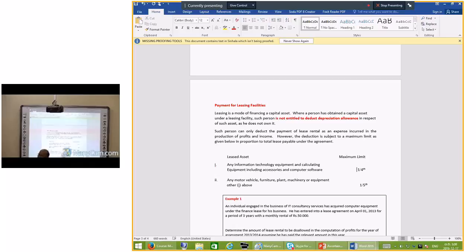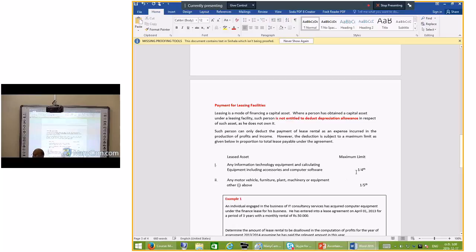For a motor vehicle, he can claim restricted to 1/5 of the total lease. If he has paid more than 1/5 of the lease, that amount is not allowed. That part is disallowed, right?